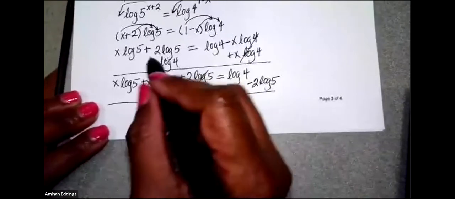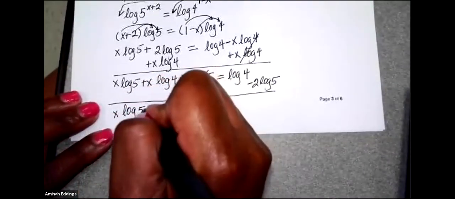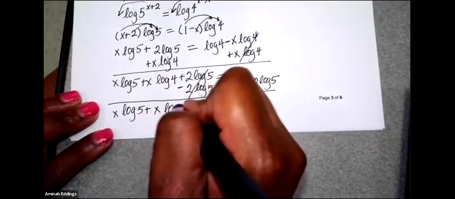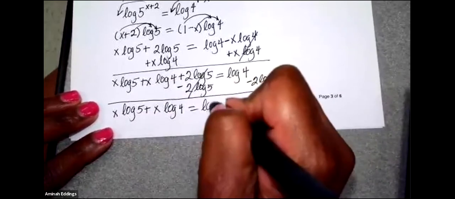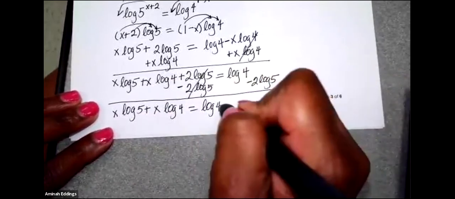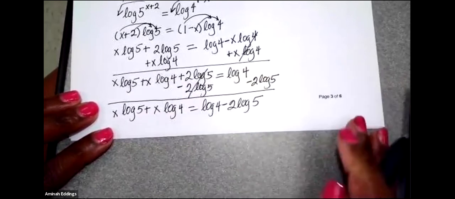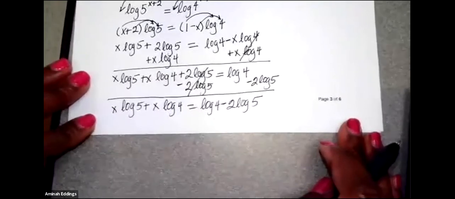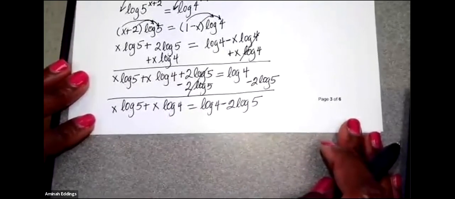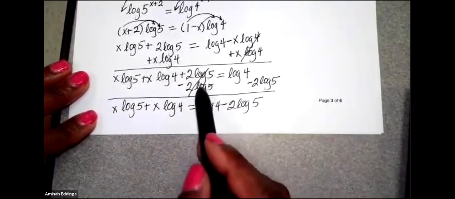So now on the left side, I have x log 5 plus x log 4 is equal to log 4 minus 2 log 5. And I promise you, I'm almost done. Any questions on this step?